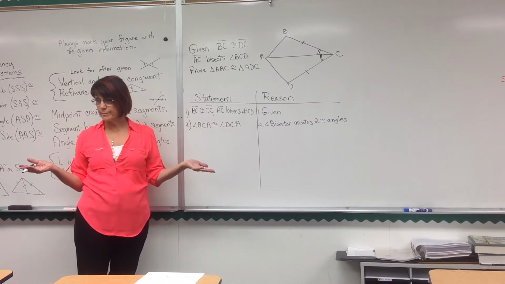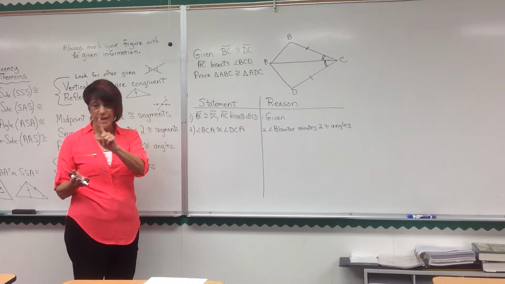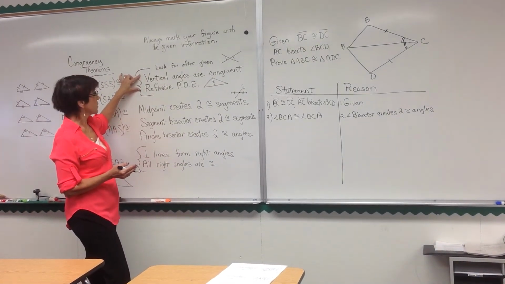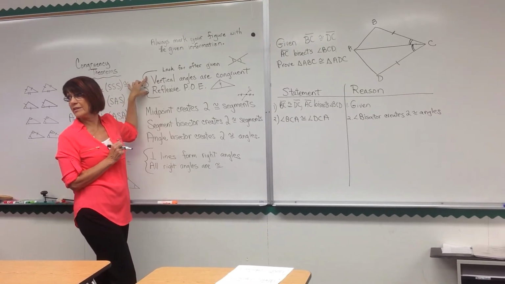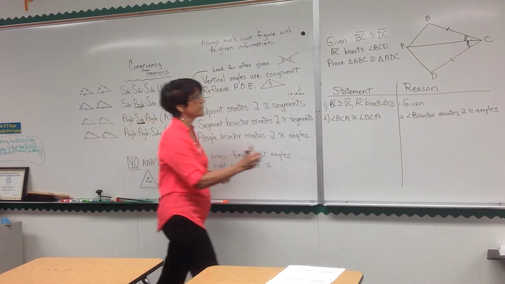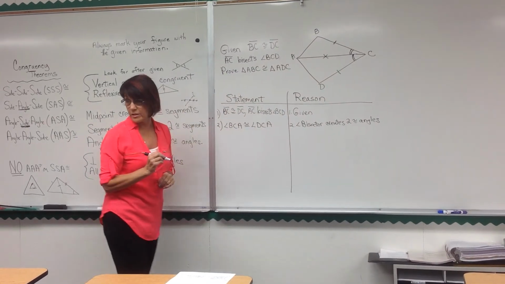But now I'm out of room. I'm out of information. I have nothing more. That's when I look for these. Okay? So I don't see vertical angles in here. What I do see is reflexive. So that is reflexive property.